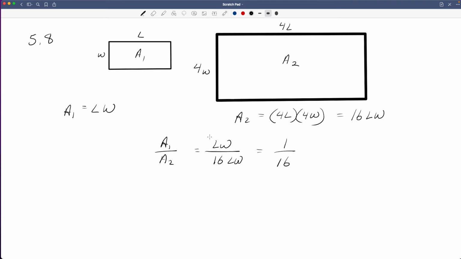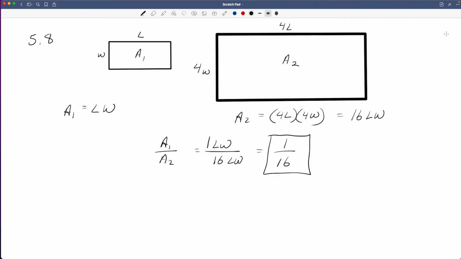Because we know there's always an invisible 1 in front of our variables here, we can factor LW and LW out and leave behind 1/16. So that is our scale factor of area 1 to area 2. Area 1 is 1/16 of area 2, or you could say 1 to 16 as you see fit.